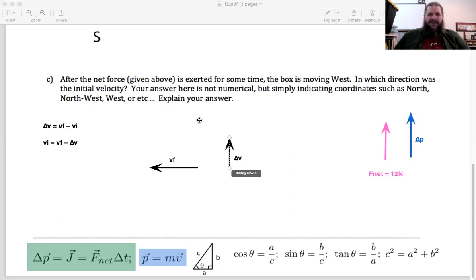Opposite of delta v would just be in the opposite direction, so same magnitude, but opposite direction would be negative delta v. So we could add these head to tail. V final plus negative delta v should equal v initial. So this then would be v initial.